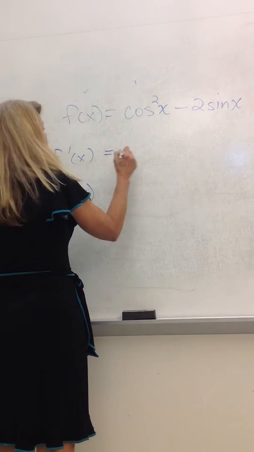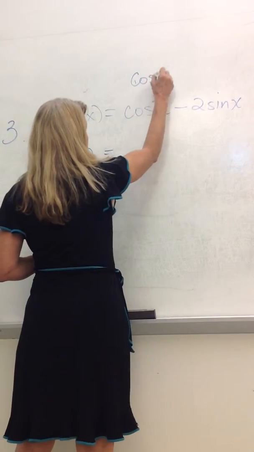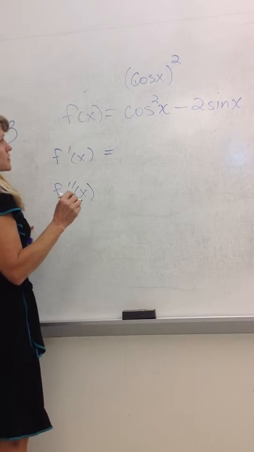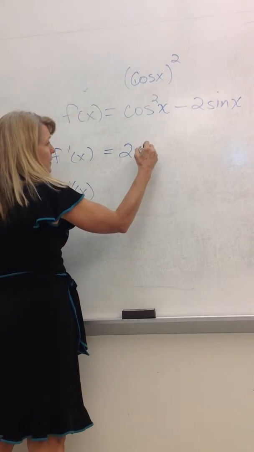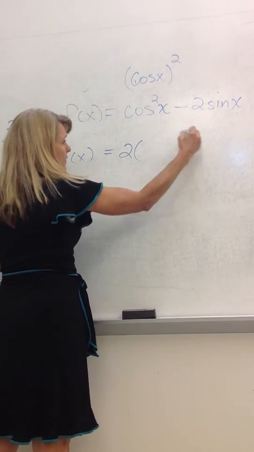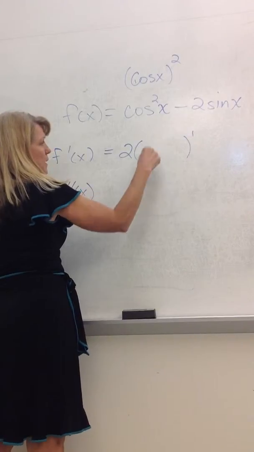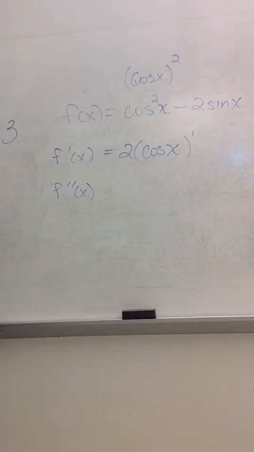So my first derivative, careful, this is cosine being plugged inside of a square. So the outside function is the square. I'm doing the power rule. Remember, you leave the inside of your function the same.